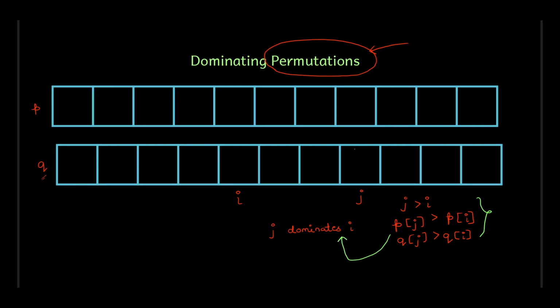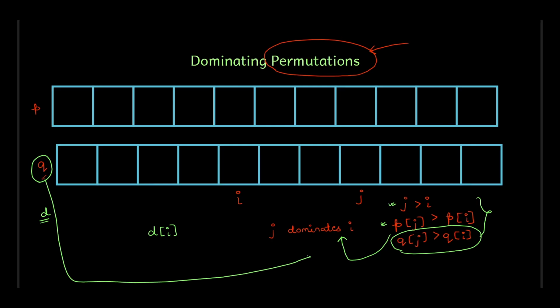If it so happens that the first and second conditions are satisfied, but the third condition is not satisfied, then we say that J will not dominate the index I. So the problem statement says that you are given a third array, call it D, and you are not explicitly given Q. So this Q was just to help you understand the problem.